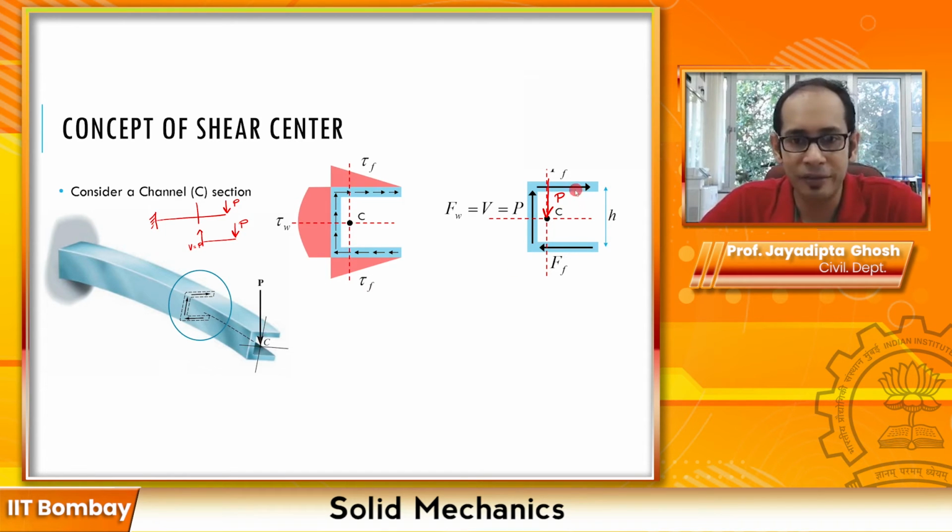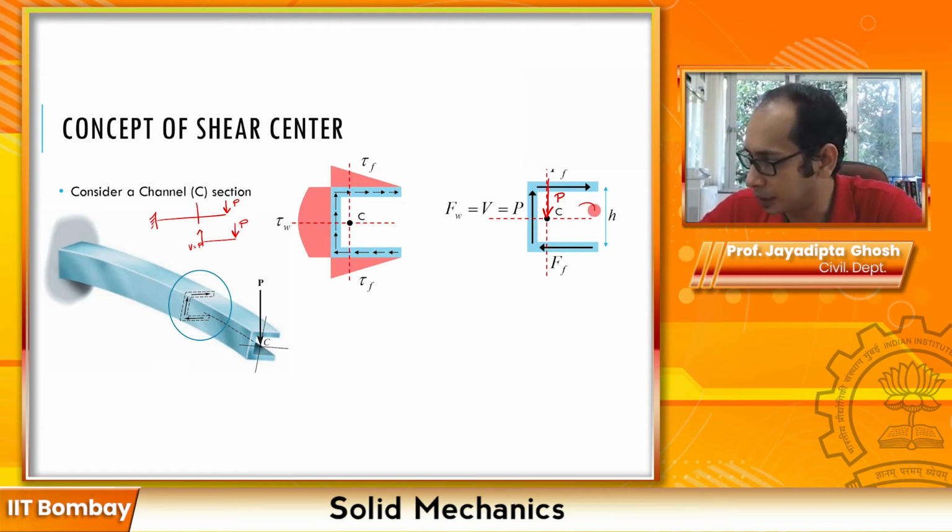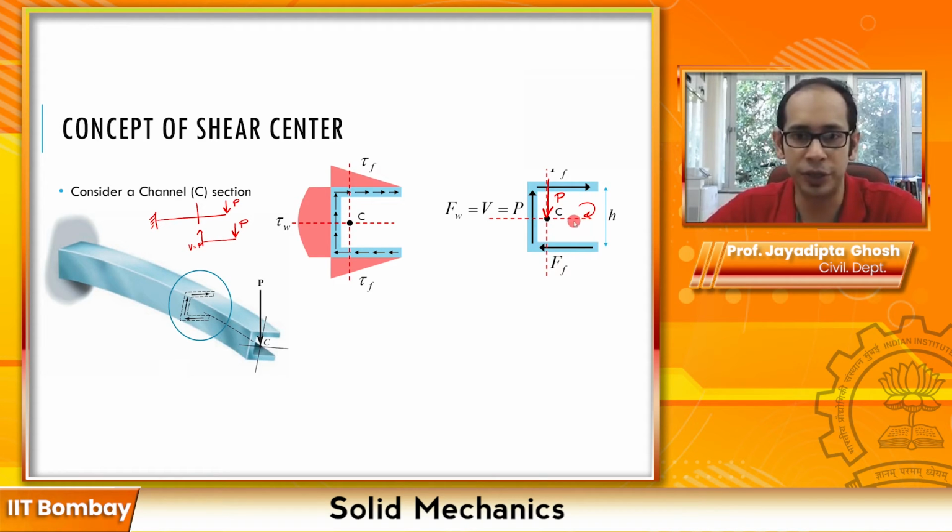This Ff and this Ff form a couple, a positive couple, like this over here. Similarly, this force and this force, equal and opposite and separated by a distance, also form a couple over here. As a result of this overall couple, you are getting the amount of twisting that you have.